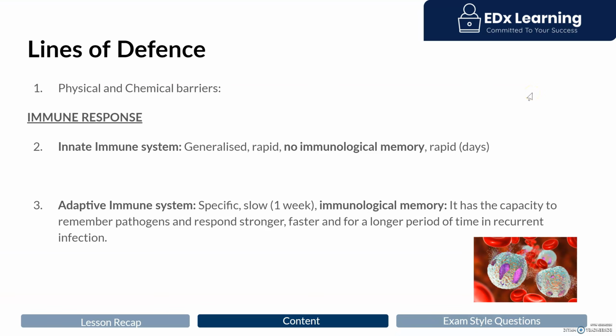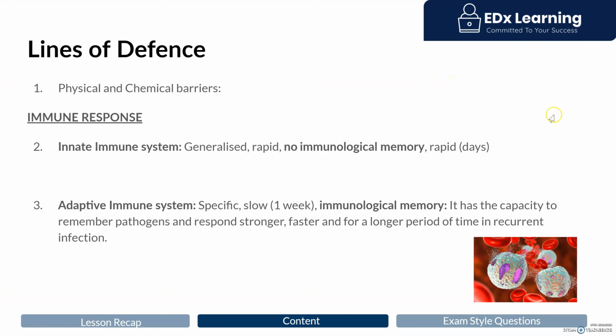But just very quickly to summarize, physical barriers include your skin, your cilia, and your mucus. Your chemical barriers include, for example, hydrochloric acid that's in your stomach, and the alkaline conditions of your small intestines, and the fatty acids that you produce in your skin. So all the chemicals that can impair a pathogen's ability to invade into your body.